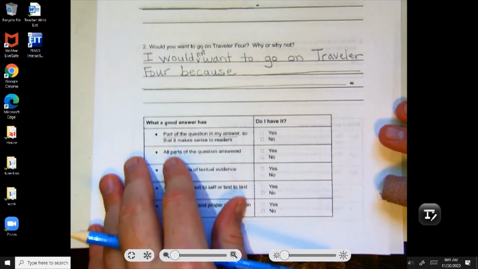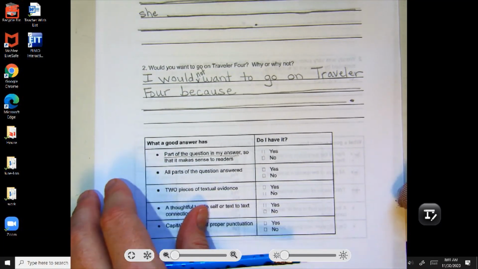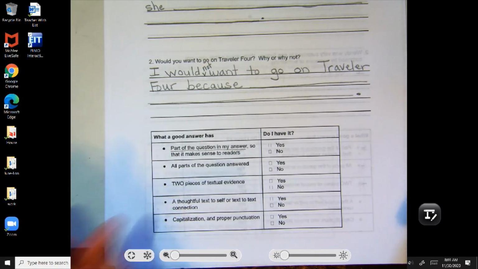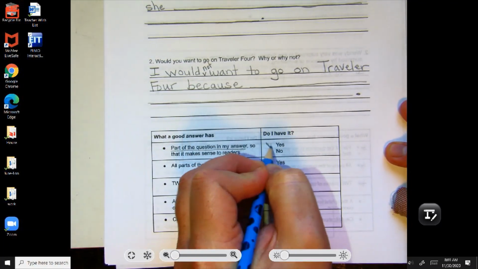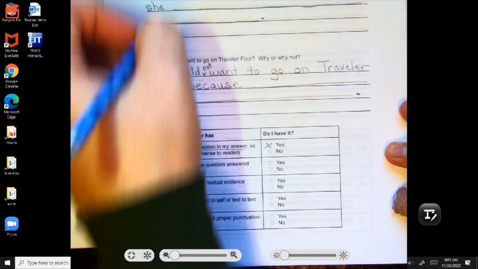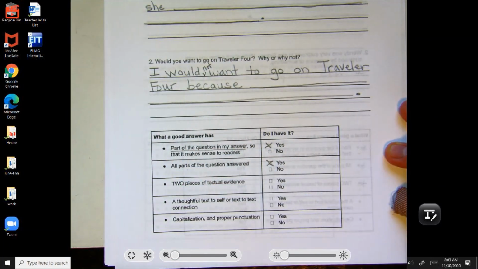So if you start both of yours like this, or in a similar way, there's certainly other ways you could use words from the question. That's going to give you this part, right? And if you answered both parts, that's going to give you that point.